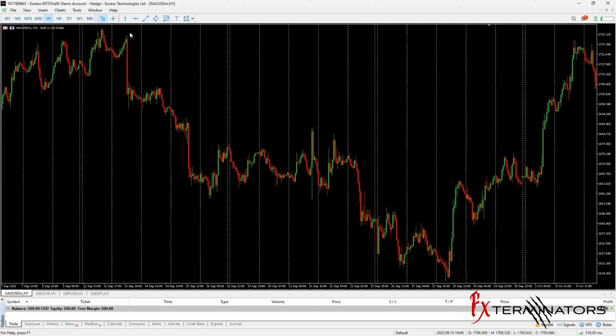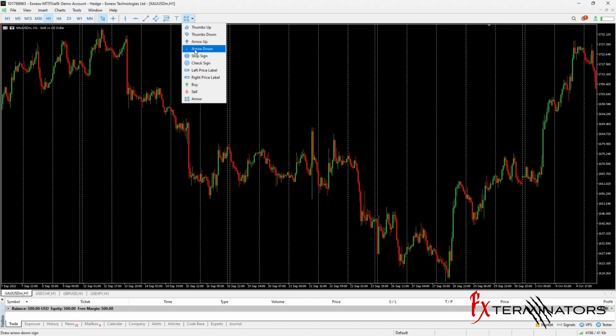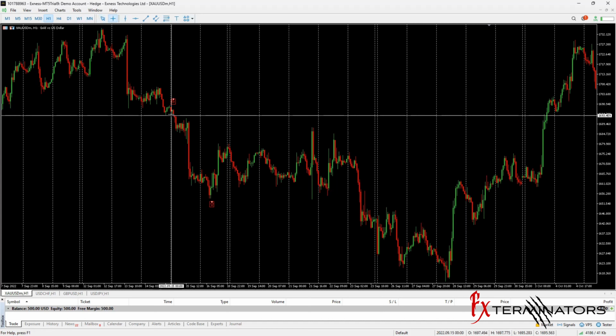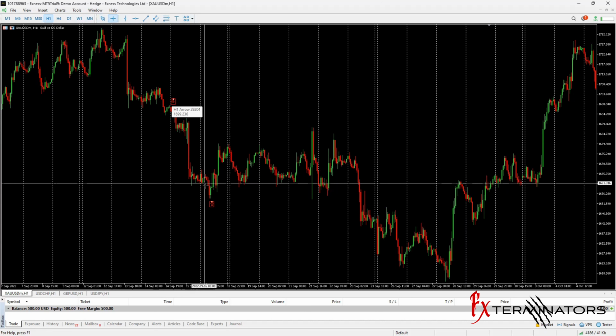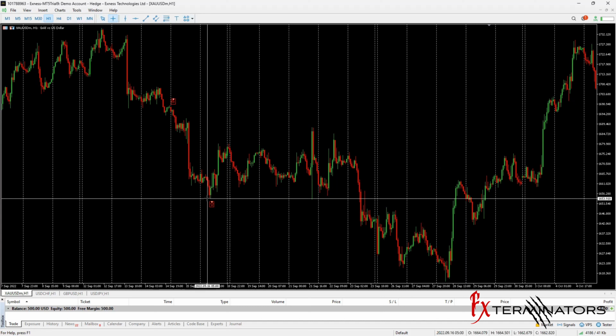So let's take this example now. In this case, we see this level as a high, and we see this level as a low. This high was formed on the 15th of September. This low was formed on the 16th of September.